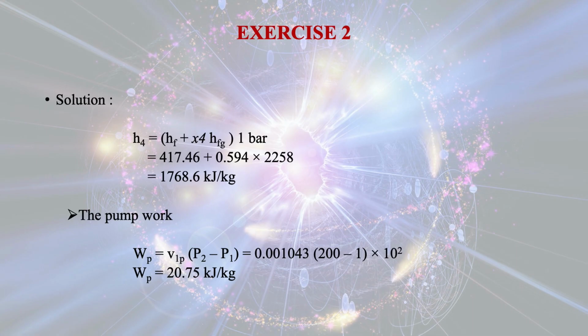So H4 is equal to HF plus X4 HFG at 1 bar. Dear learners, for the values of HF and HFG at 1 bar you can get them from the steam table.